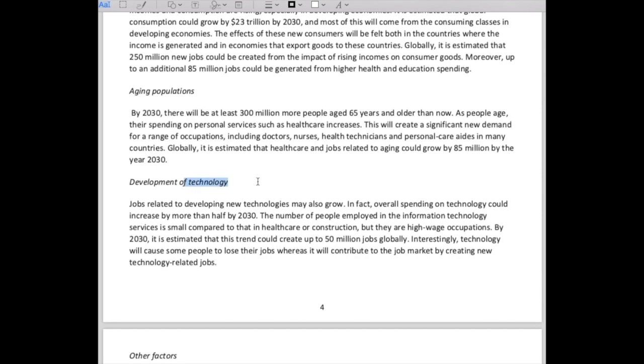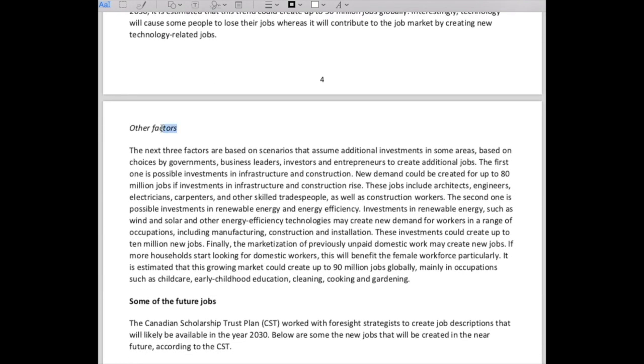Development of technology. Well, can you see 80 million jobs? No, I can see 50 million jobs, but that means that this is not the relevant part. Let's continue. Other factors. Okay, factor was a key word. Haha, 80 million jobs. So we find the information here. Architects, engineers, electricians and carpenters. So this is definitely the relevant part of the text.